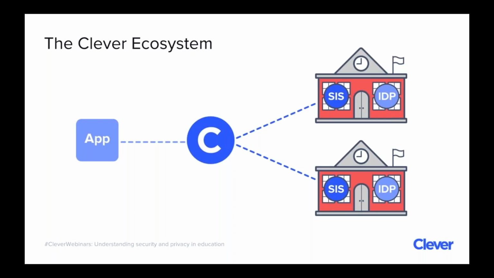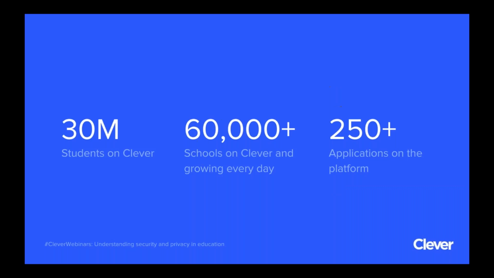Because of this position within the industry, we see trends in both applications and district side. And because of our scale, we're able to offer insights. As you can see, we have 30 million students on Clever. We're in over half of the schools in the country, and we have over 250 application partners on our platform.